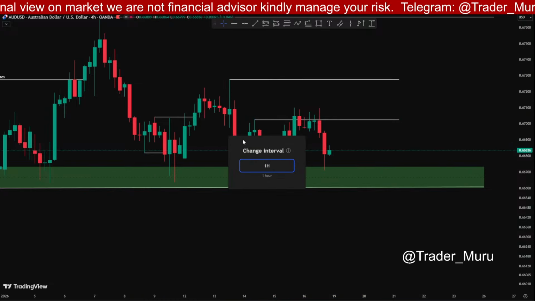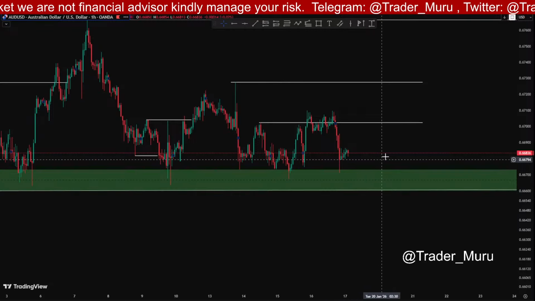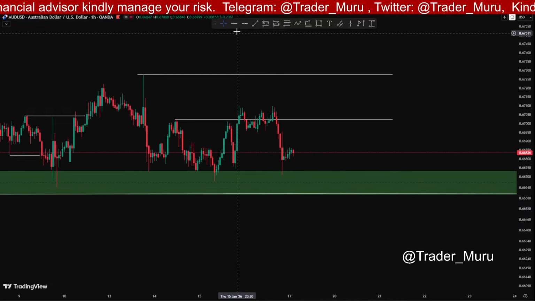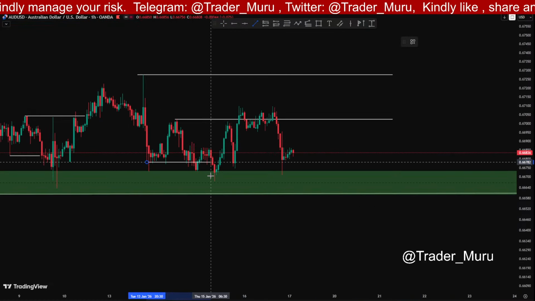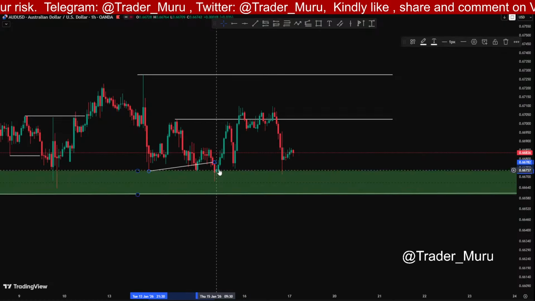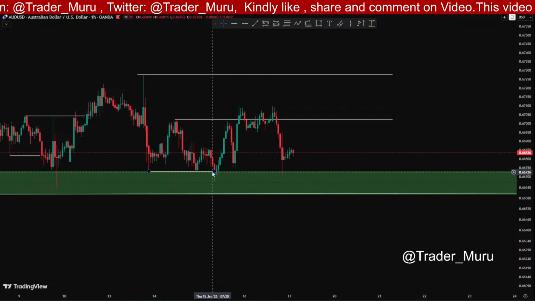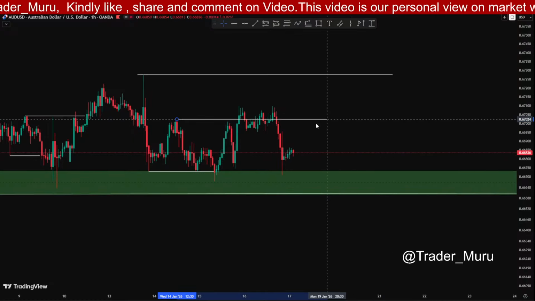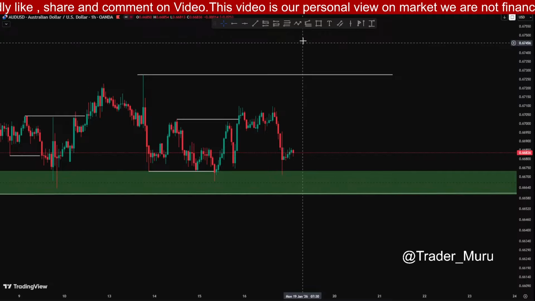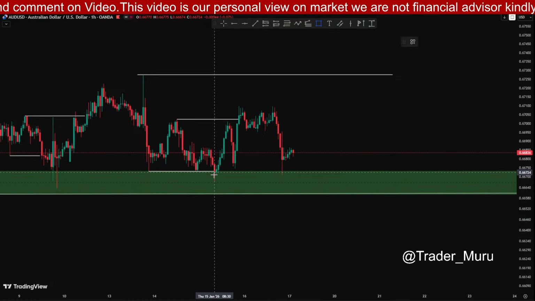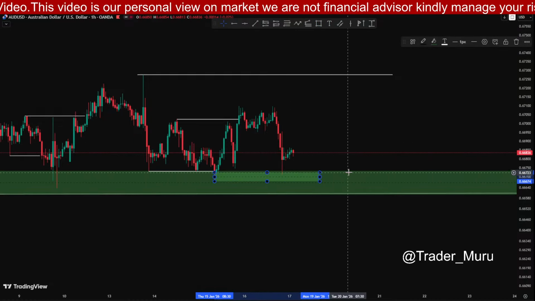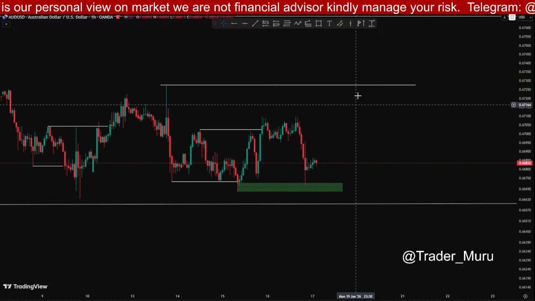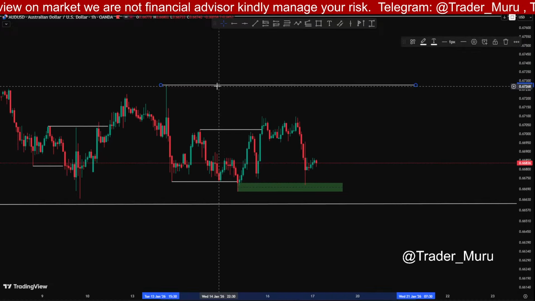Now let's see 1-hour time frame. This is our liquidity sweep. A candle close below. Okay, so this is our breakout structure, and this is our change of character in 1-hour time frame. So if this area holds, price will pump again towards this high.